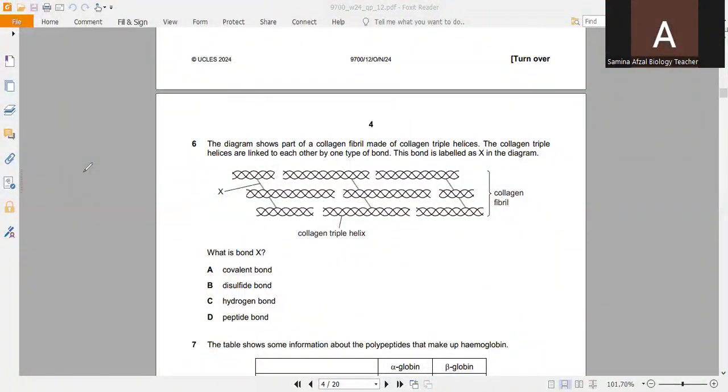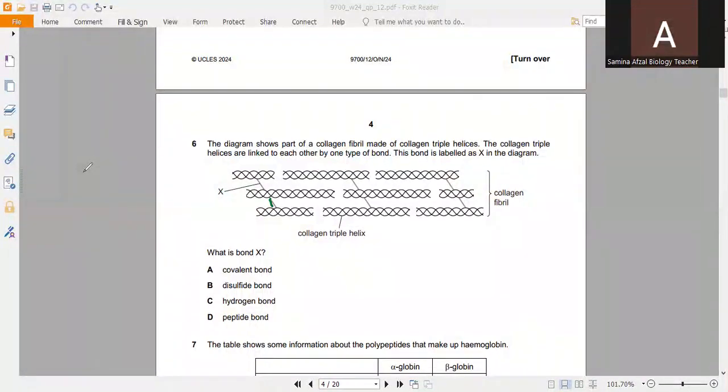So what is bond X? You can see these cross links. These are the cross links which are present between these three helices.